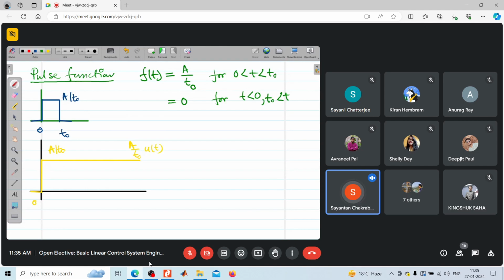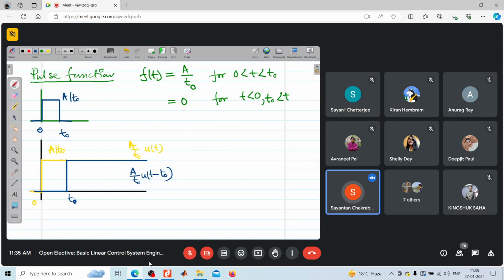Now if I have another signal like this, which is termed as a by t0 u(t minus t0), that means it only starts from t equal to t0 and then goes like this.